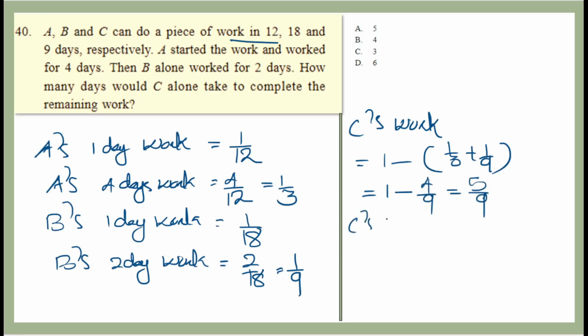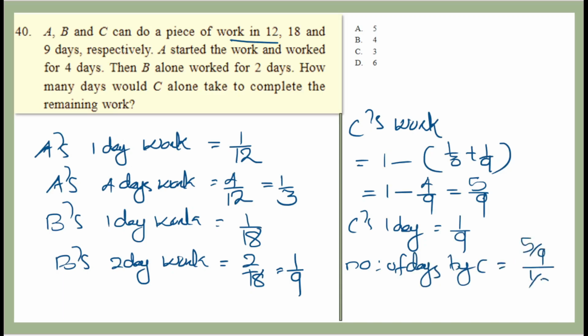Now C's 1 day work equals 1 by 9. Now the number of days required by C equals 5 by 9 by 1 by 9, that equals 5 days.